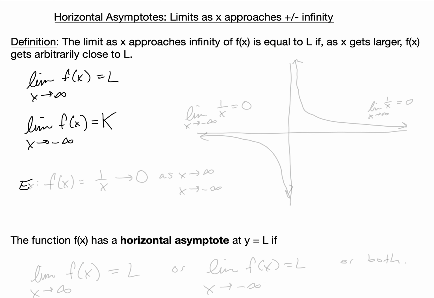A classic example where the limit of the function as x approaches positive or negative infinity is a finite number would be f of x equals 1 over x. So we've graphed the function 1 over x before. f of x equals 1 over x looks like this.